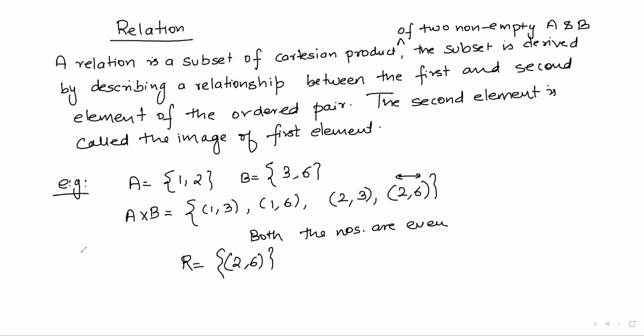Then we will try some questions and we will try to better understand what is actually a relation. Just add one point of the ordered pair in A cross B. Please confirm once this is done so that we can start some questions.